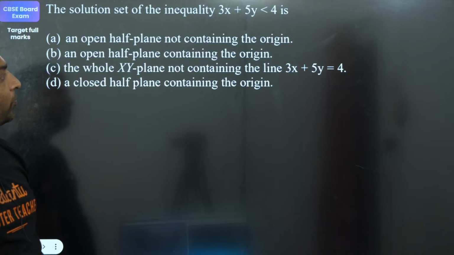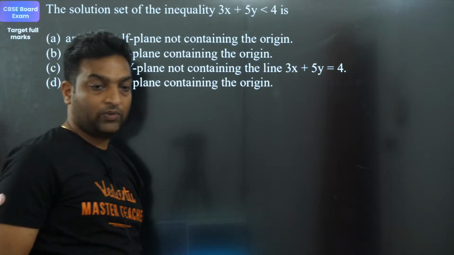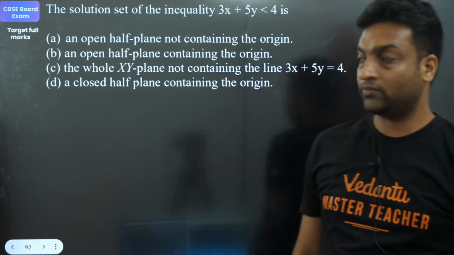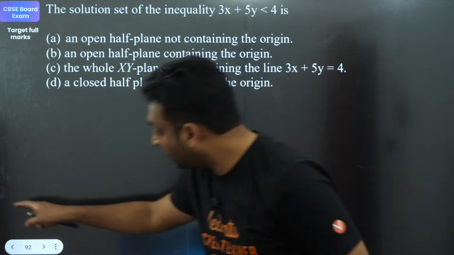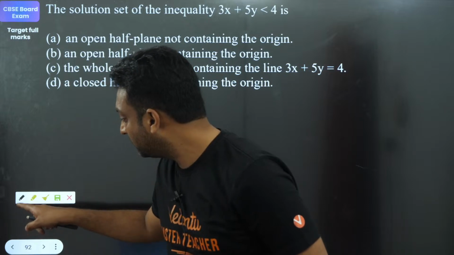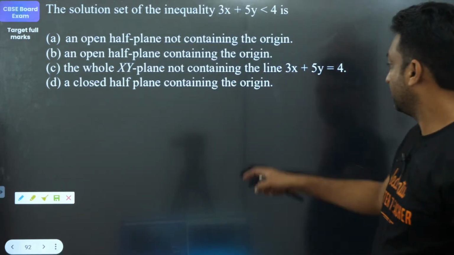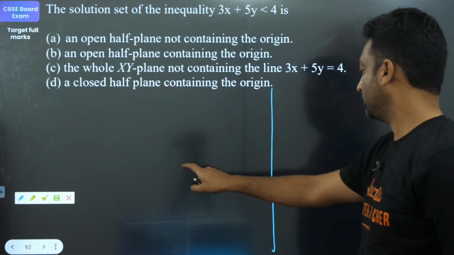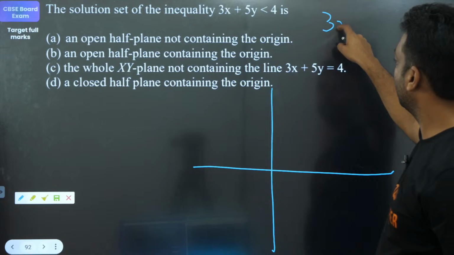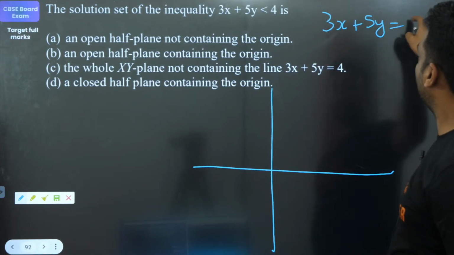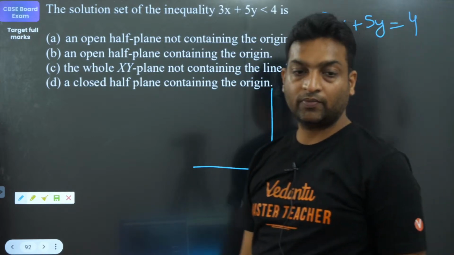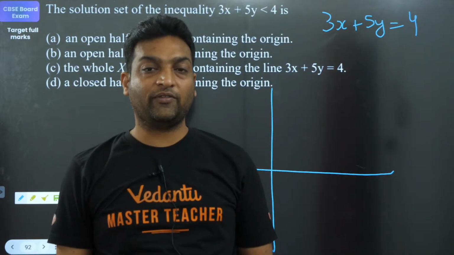3x plus 5y less than 4. Let's draw. Let's first draw the line 3x plus 5y equals 4.